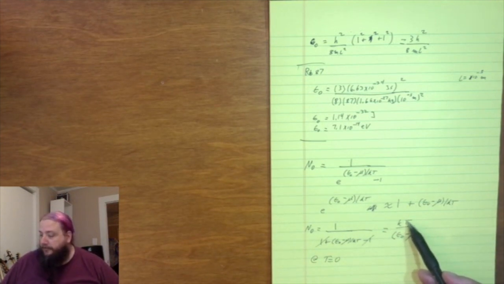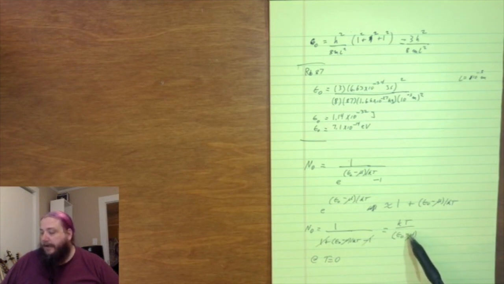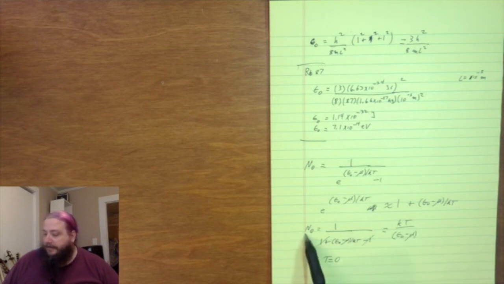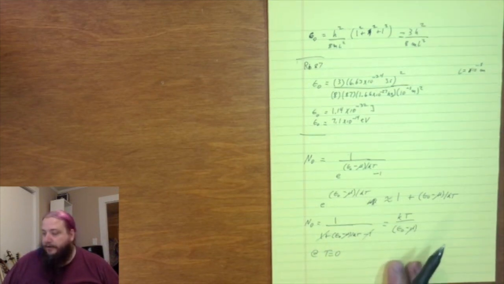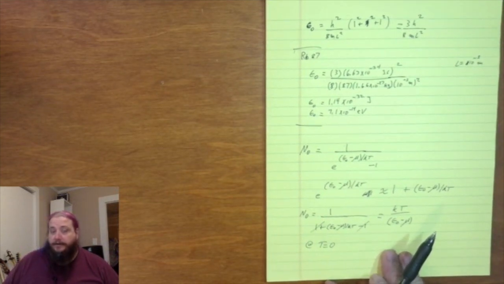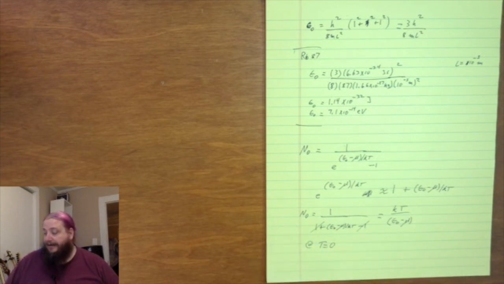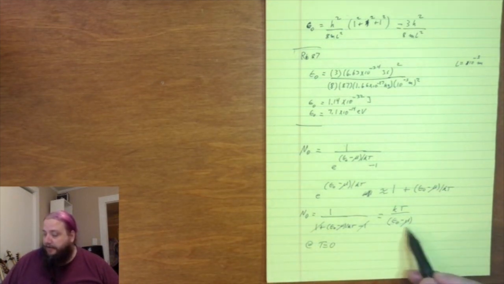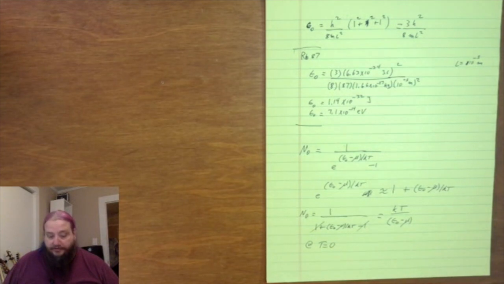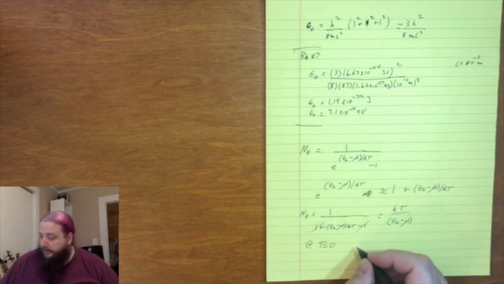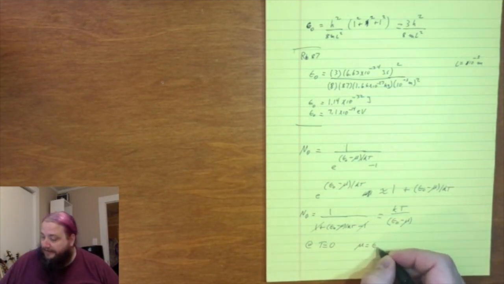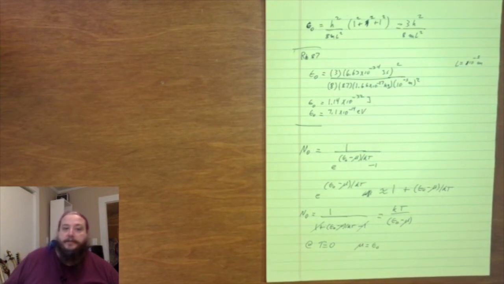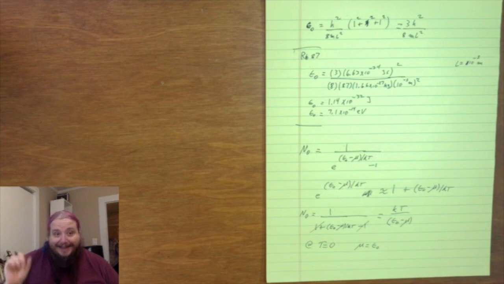this is going to go to 0, and the only way that we're going to get non-zero occupation anywhere is if this also goes to 0. So the chemical potential must equal the ground state energy exactly at temperature equals 0.